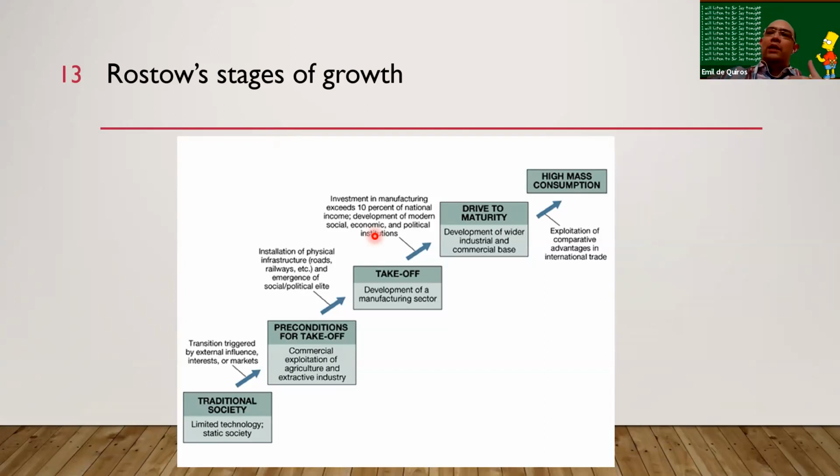Now you're going into more advanced technology, high tech. Rostow was born prior to the internet stage, but now if you apply this here, it's like high tech, Silicon Valley type, wider and more advanced technology, more advanced manufacturing, wider commercial base, more people are affluent. Then eventually that creates a virtuous cycle of people getting rich, investing, advanced technology, etc.